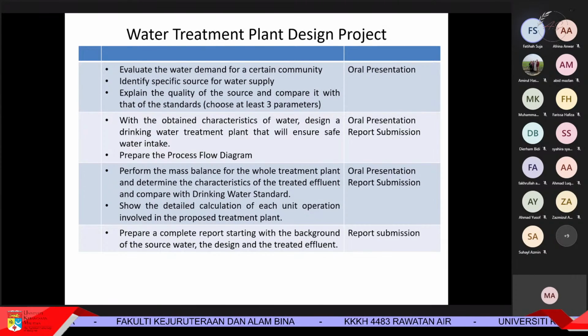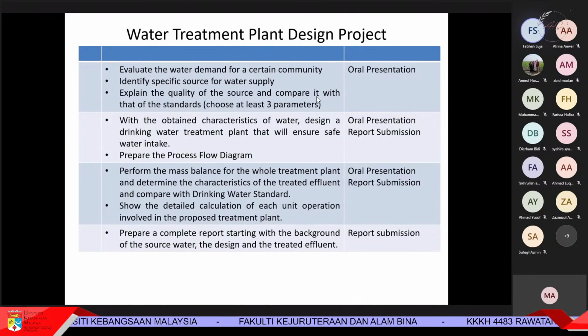These 3 contaminants, you can have more, you need to show are higher than what you have in your standard. Then explain the quality of the source and compare it with that of the standards. So this is for your oral presentation number 1.